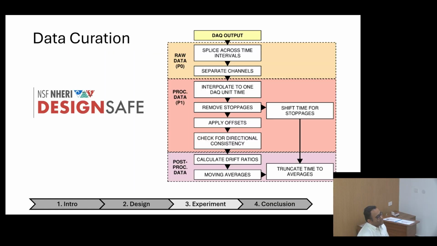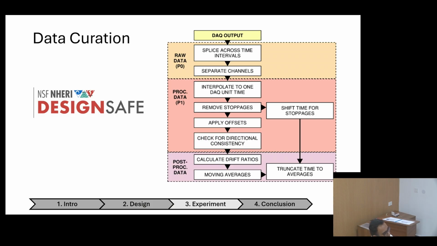Again, all this data, along with raw data and processed data, is in this database called Design Safe, funded by NSF, the National Science Foundation. It's a federal organization, so anything that NSF does is free. You have to create a login, and then you can access not only this data, but most of the experiments that I'll show you today, and even the ones that have been done previously under the NSF banner.